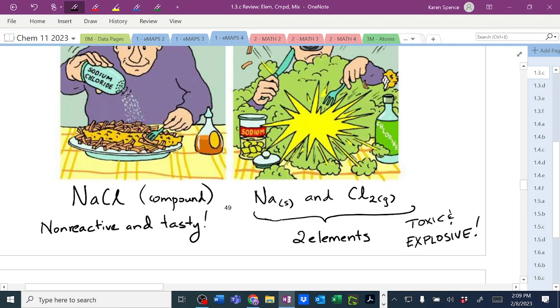And we're going to take a quick look at a little video. We don't do this in the classroom because chlorine gas, as I said, is toxic, and toxic gases are really bad because, of course, gases will move everywhere, and you certainly don't want to be inhaling chlorine gas. That was one of the chemical weapons used in World War II, chlorine gas.